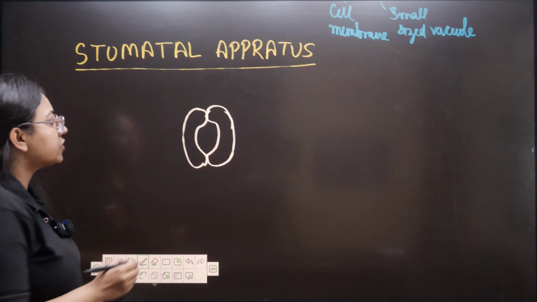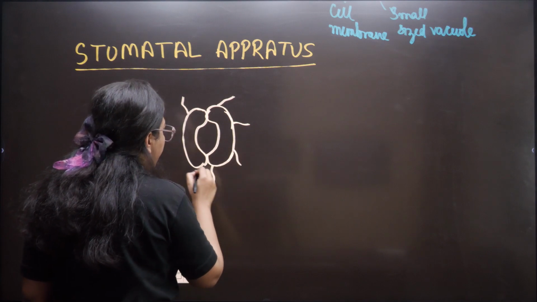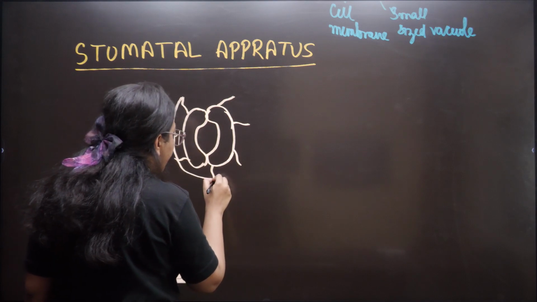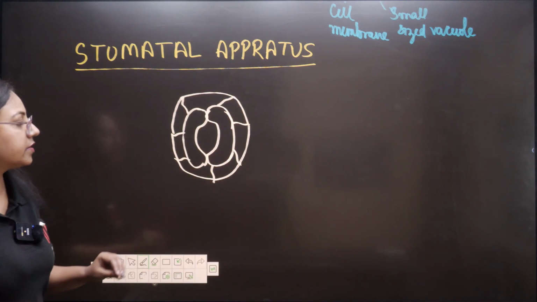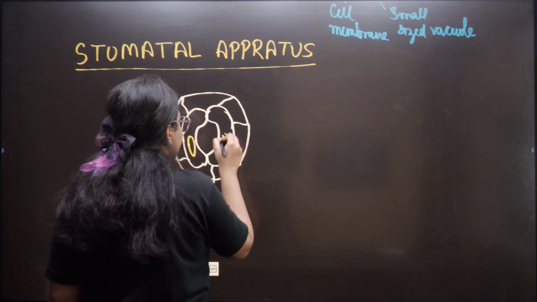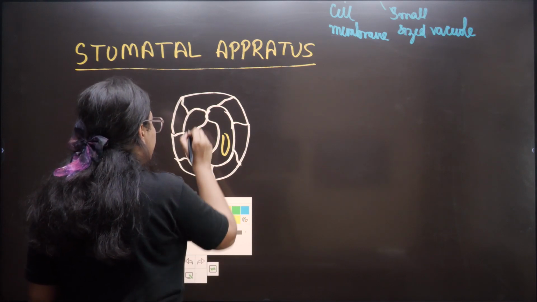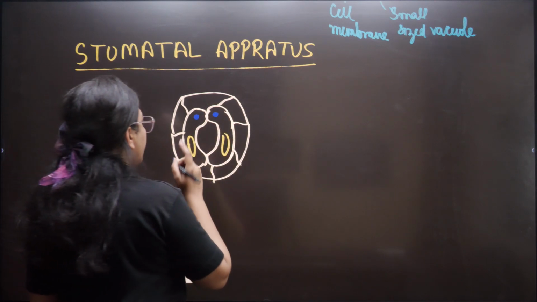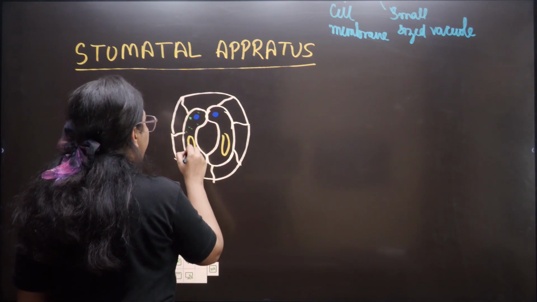Two kidney bean structures, and then there will be the epidermal cell. So it will be drawn in this way. Okay, I hope it is clear. Now it will have a vacuole of big size, and then it will have the nucleus. I hope it is visible. Okay, this is the nucleus, and then again the chloroplast.